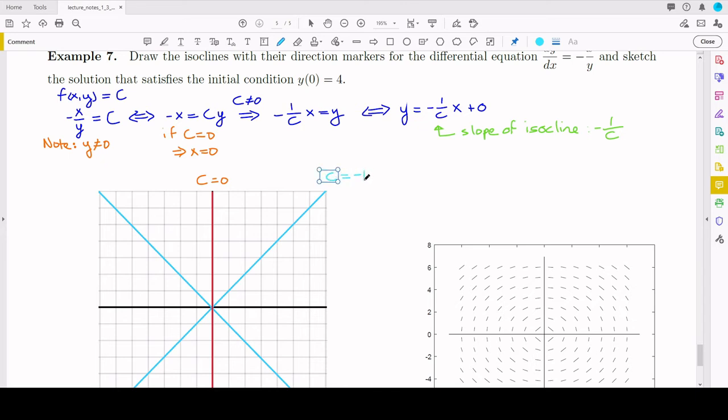So when c equals negative 1, the slope of the isocline is negative 1 over negative 1, and so that's 1. So we have a line here with slope 1 and y-intercept 0. So this is the isocline that corresponds with c equals negative 1. Now remember, that means the slope of the solution.